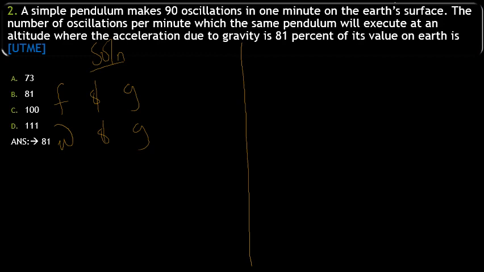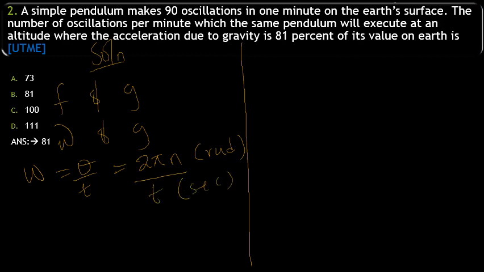Of course, I know that omega is equal to theta, angular displacement, all over time, and theta is 2 pi times the number of cycles or oscillations, if it must be in radians, all over time, which must be in seconds. Anyone I like I can use, but let me use omega, after which I will use frequency and G. Now I know that omega is equal to the square root of G all over L. Don't be confused.